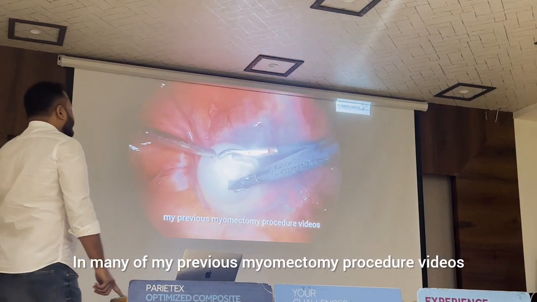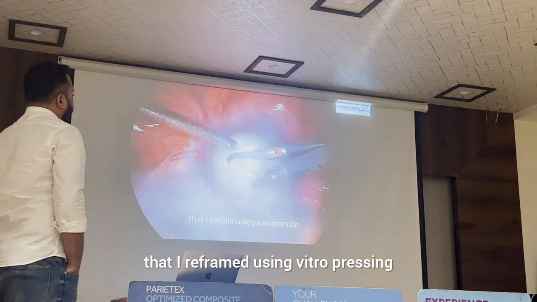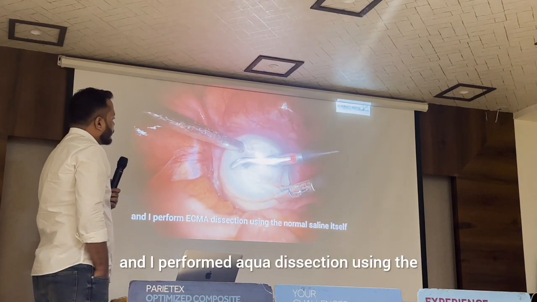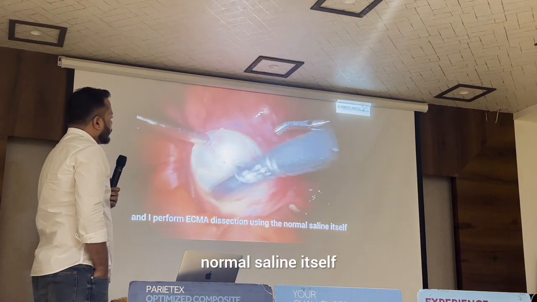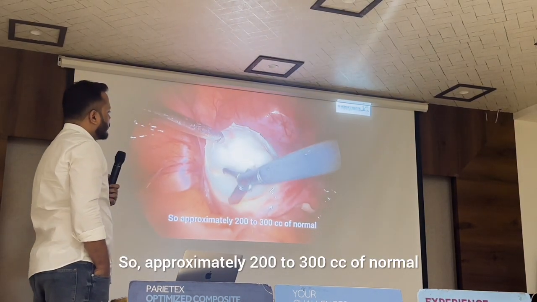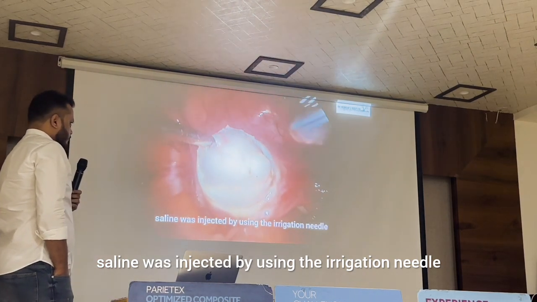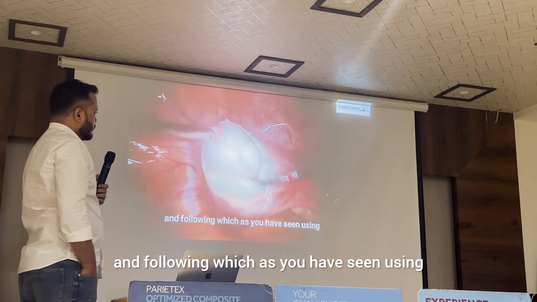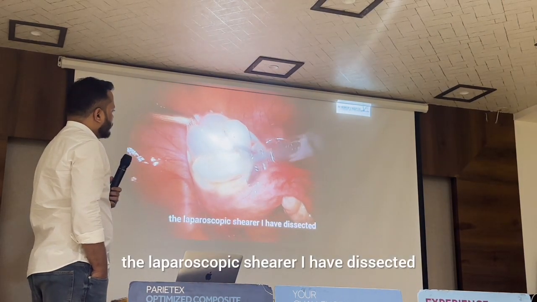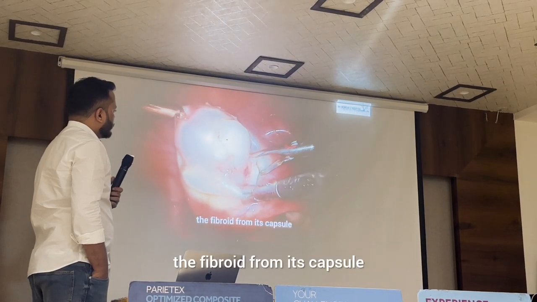In many of my previous myomectomy procedure videos, I refrain from using vasopressin and I perform aqua dissection using normal saline itself. So approximately 200 to 300 cc of normal saline was injected using the irrigation needle, following which, as you have seen, using the laparoscopic shearer, I have dissected the fibroid from its capsule.